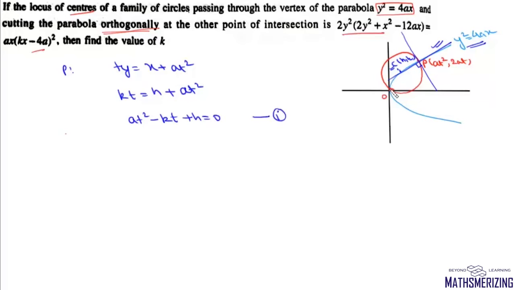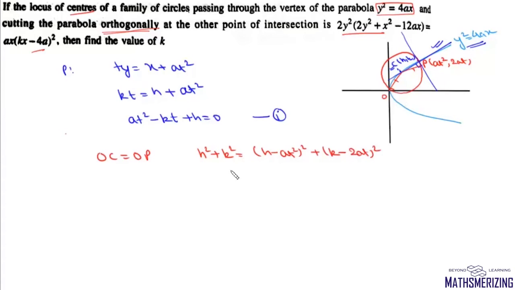Now we'll get the second result from the fact that the distance of these 2 points from the center must be the same. So basically OC must be equal to OP. Now OC is h square plus k square, and OP will be h minus at square whole square plus k minus 2at square.